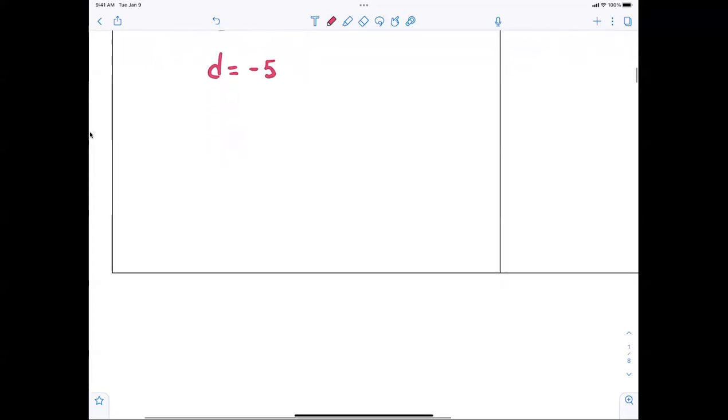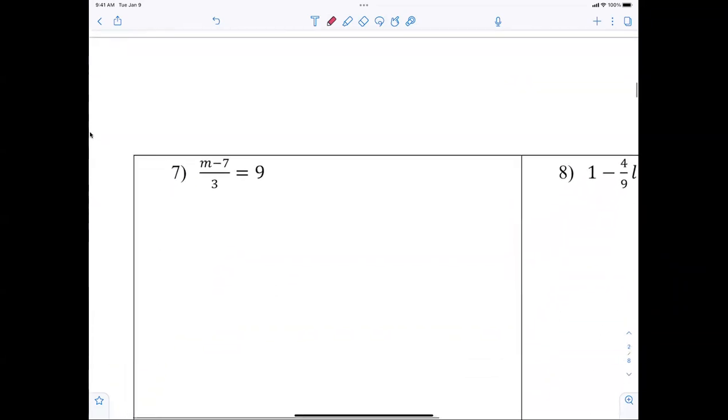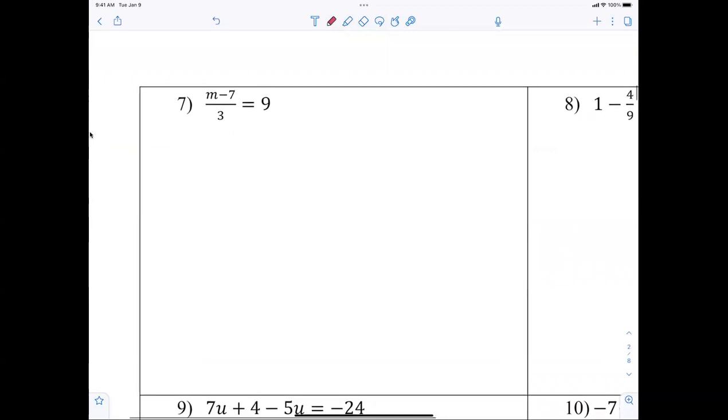Here we go. Now, this one is another example. Normally you get rid of the addition and subtraction first, but this is a special case because this whole quantity is being divided by 3. So I have to get rid of the divided by first this time.